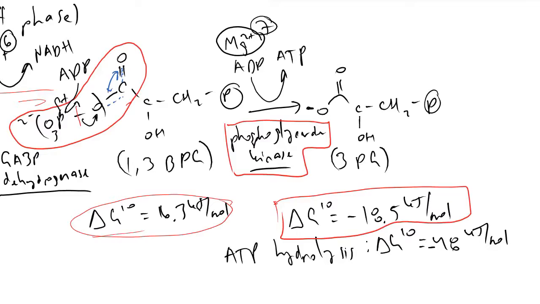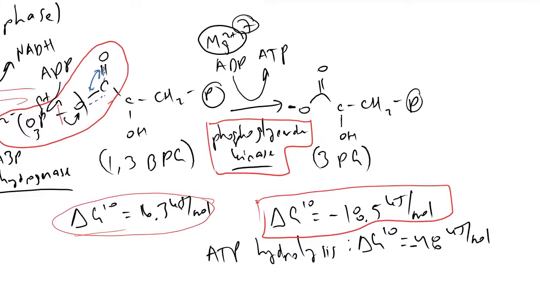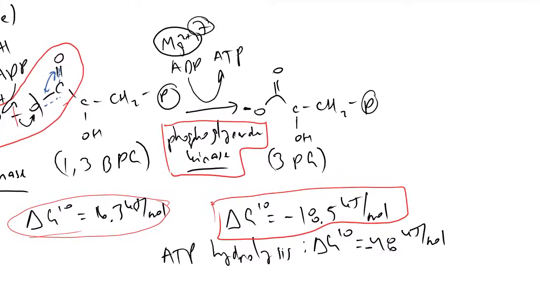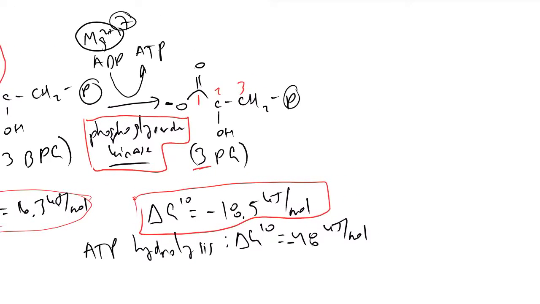Okay, and so now the next thing that I would like to do is number the carbons in this 3-phosphoglycerate molecule. So 1, 2, 3, and so you'll note the phosphate group is on carbon number 3 right now. And so what happens in step 8 of glycolysis is the phosphate group will be moved onto carbon number 2, and the hydroxy group will be switched.